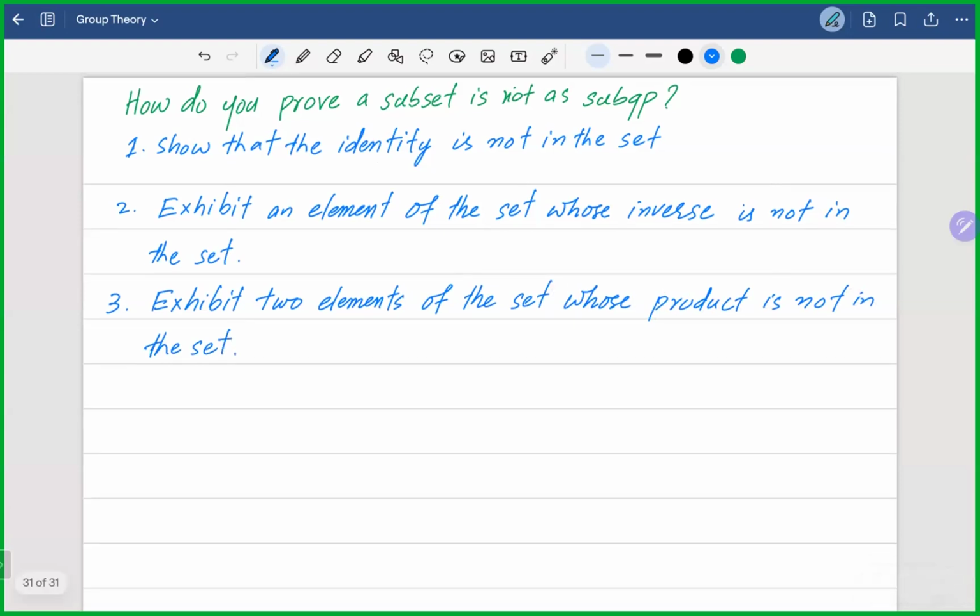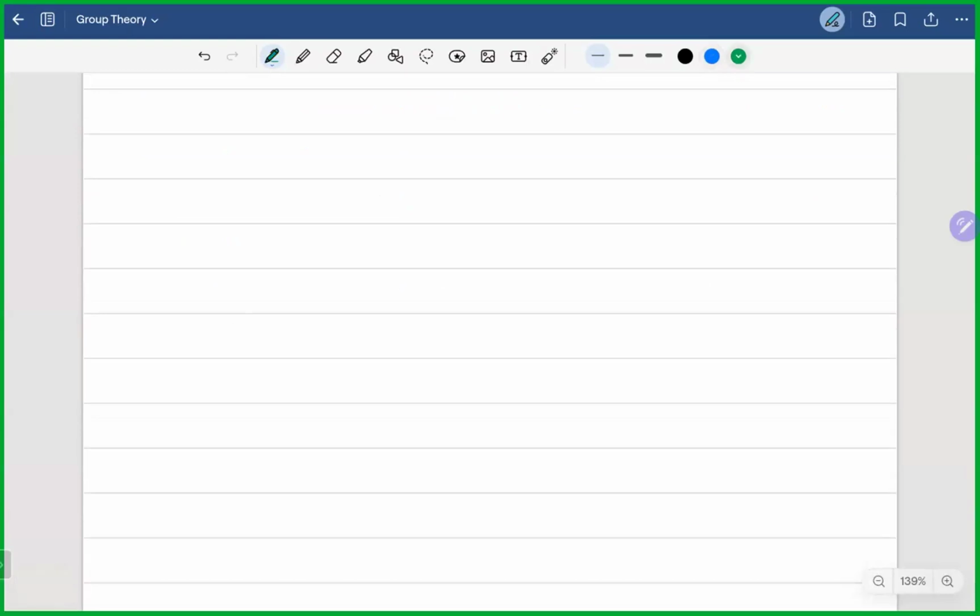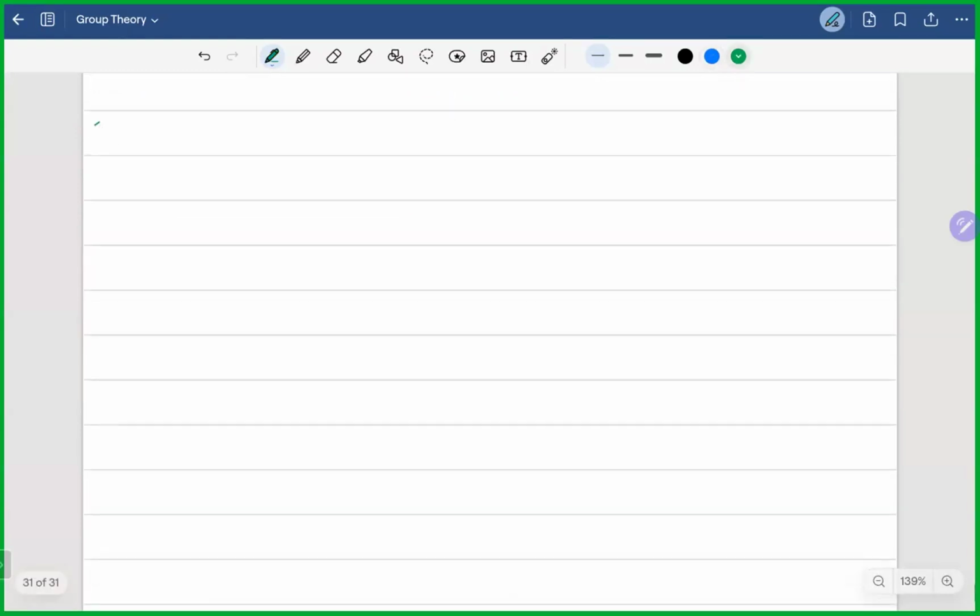Perfect. Now let's do an example. Let G be the group of non-zero real numbers under multiplication.